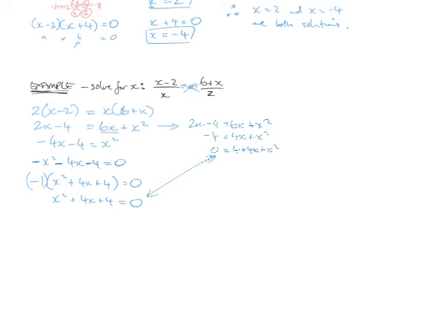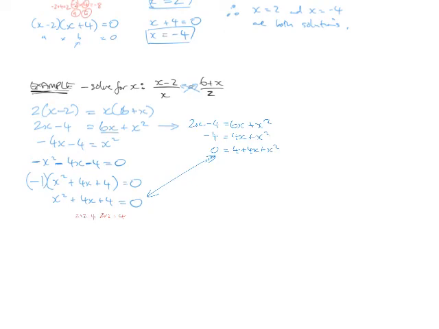Alright, so we are at a point now where the quadratic equals 0. We need to factorize. So always try sum and product first. What are the factors of 4? 2 by 2 equals 4. 2 plus 2 equals 4.